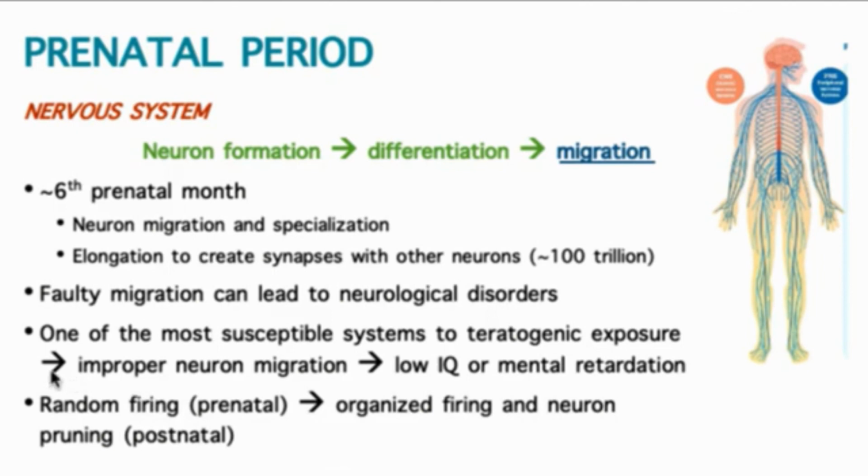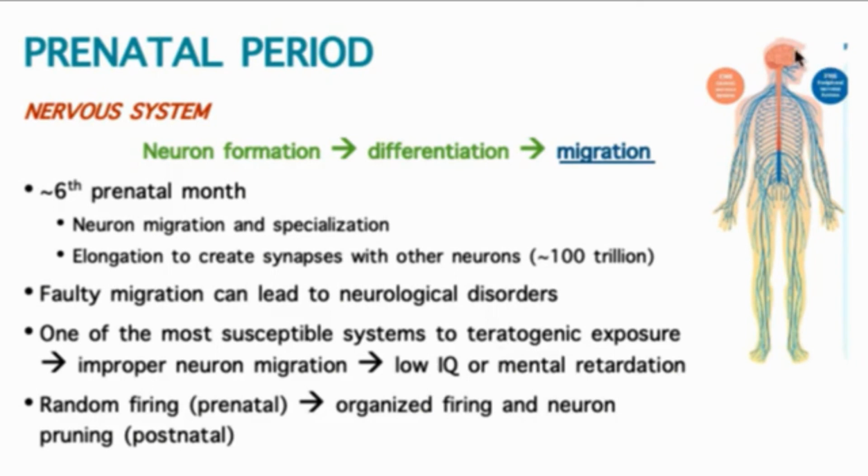But also, the nervous system is really susceptible to teratogenic exposure. So we talked about teratogens, or different types of toxins, or poisonous substances that could negatively affect development in the prenatal stages.